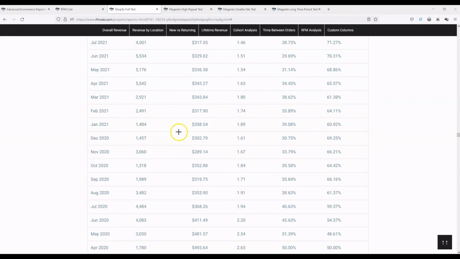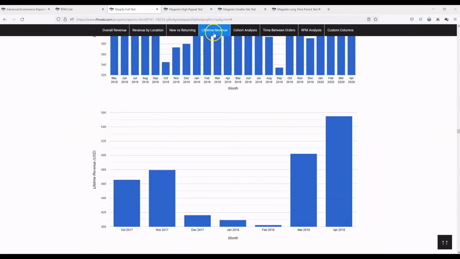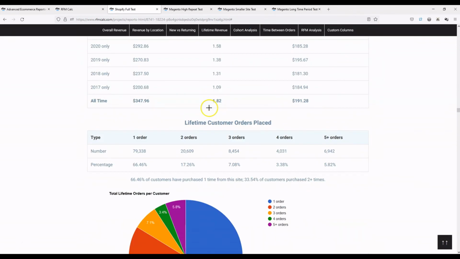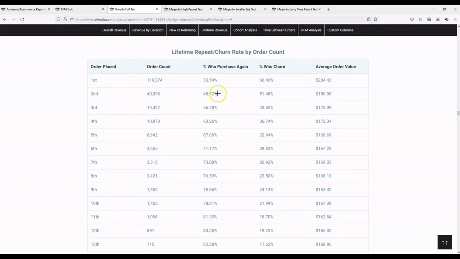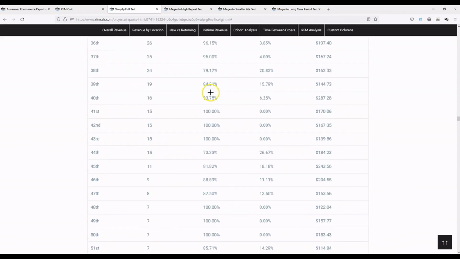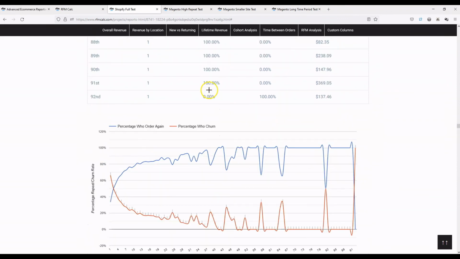But in terms of lifetime revenue and lifetime value, that's it in terms of what we report on. So you can see we give a lot of data here, a lot of really interesting data in terms of lifetime revenue, lifetime value, percentage repeat and churn rates, a lot of really, really powerful data that can help justify principally your acquisition and marketing spend on acquiring new customers, but also your retention spend in terms of how much effort you put into retaining customers.